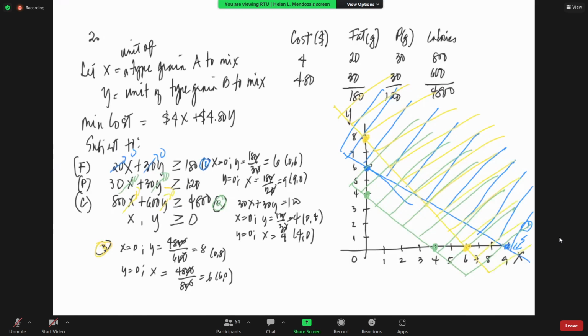So, a feasible region is that region having the 3 colors. Kasi ang sinasabi, a feasible region is that region that satisfies all the restrictions of the problem. We only have 3 restrictions, represented by the colors blue, green, and yellow.